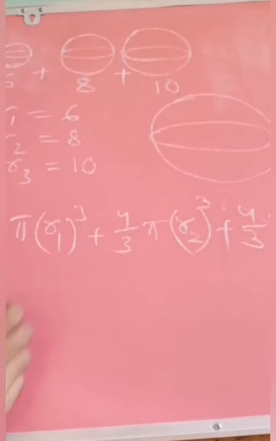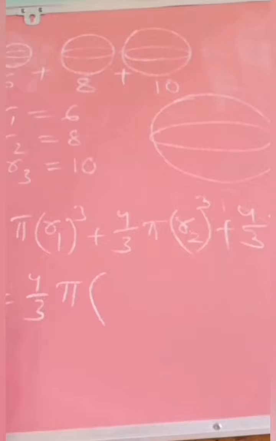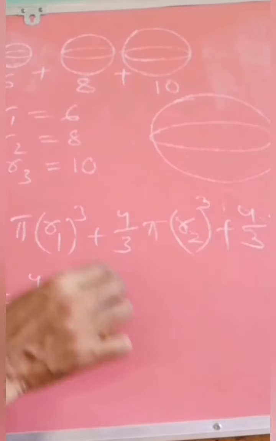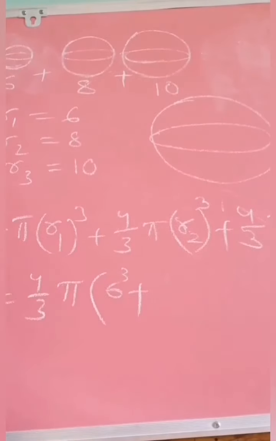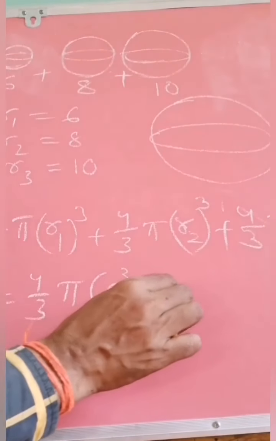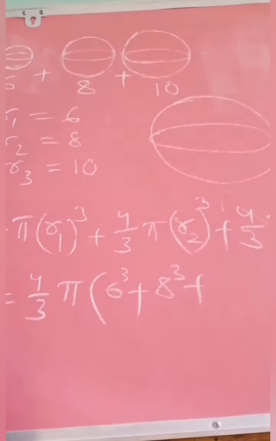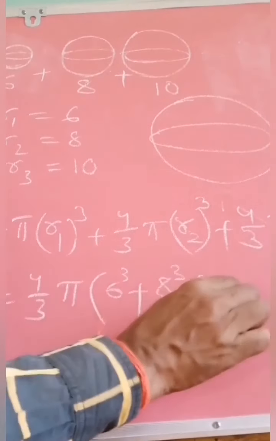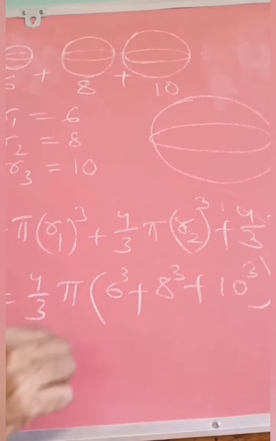This equals the fourth one. So now take 4 by 3 pi common from all. So it is r1 cube, that is 6 cube, plus from the second term we are getting 8 cube, r2 means 8. From the third we are getting 10 cube.